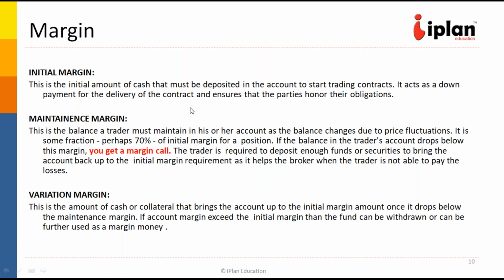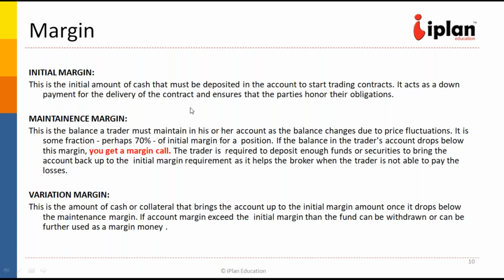If the losses are more than the maintenance margin level, they give you a margin call. For example, if 10% is the initial margin and around 7% is the maintenance margin, and you have a loss of 3% or more, your account hits the maintenance margin level. In that situation, you get a margin call.